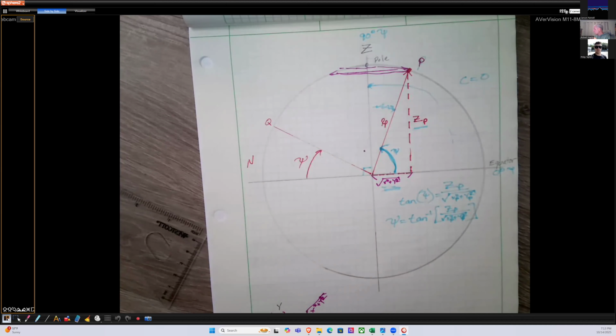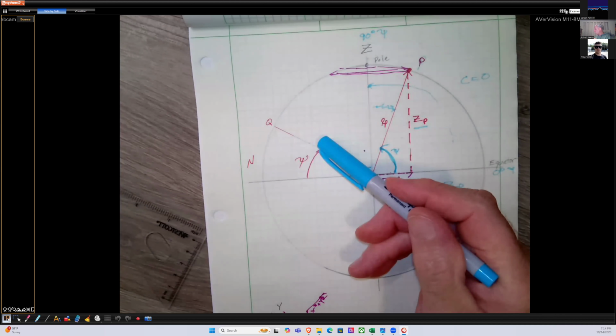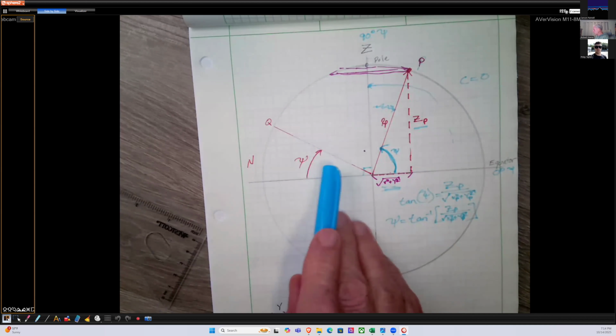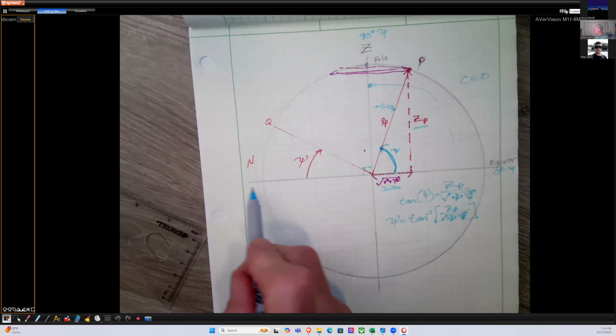Uh-huh. 180 minus psi gives you that angle. This is the nuance of the graticule system. It's already giving you the angle you want. Isn't this the definition of latitude, the angle off of the equatorial plane?